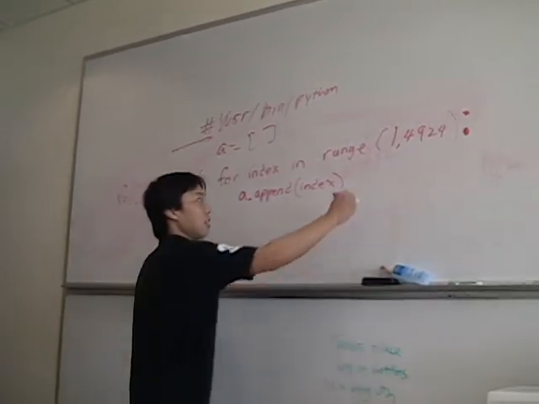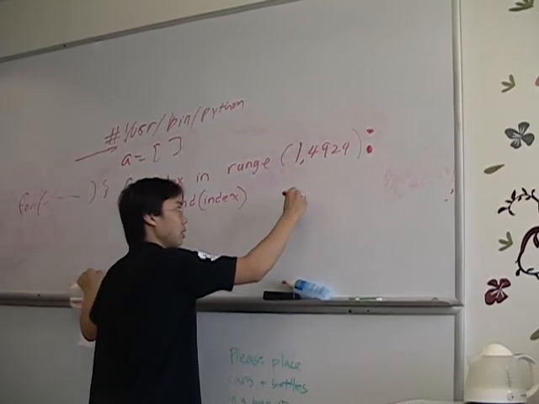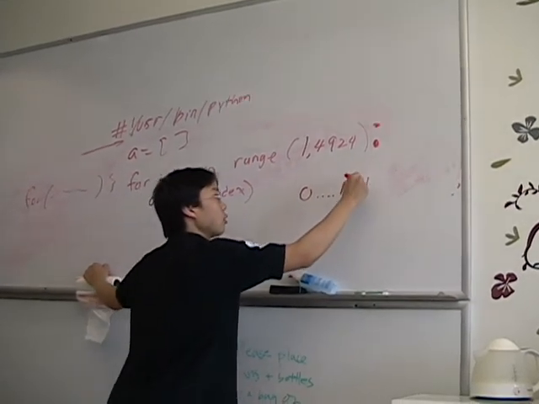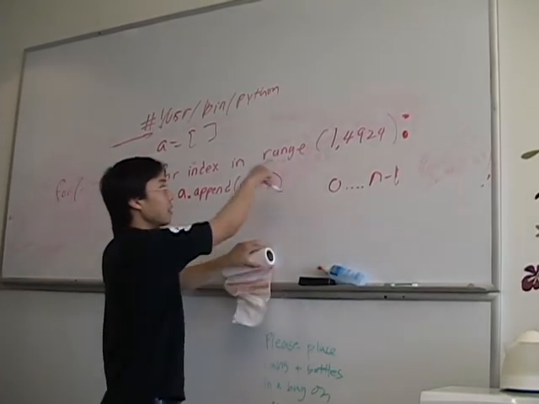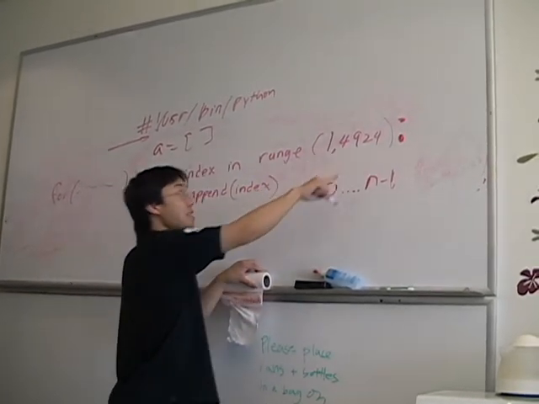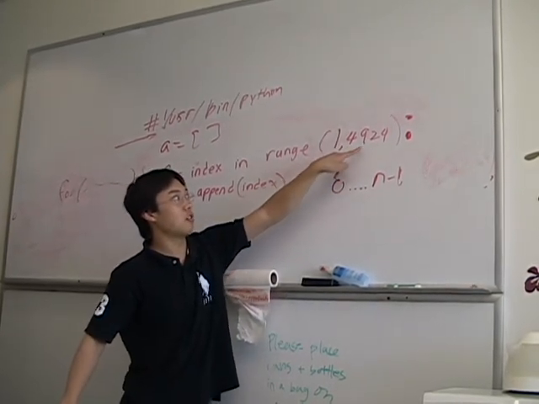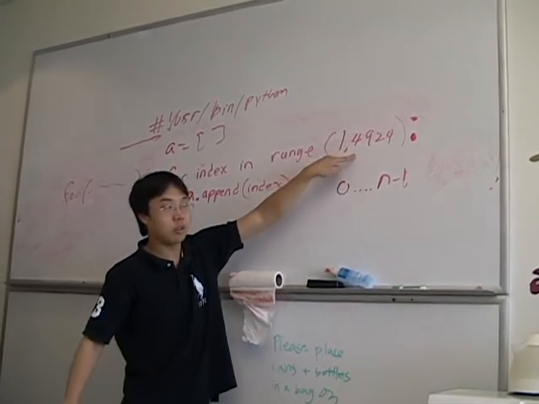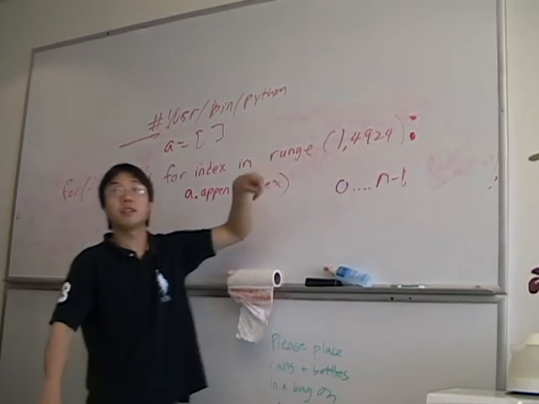So range is from the starting point to n minus 1. Just keep that in mind. It's never going to insert the actual number 4,924. It's going to only append n minus 1, 4,923.